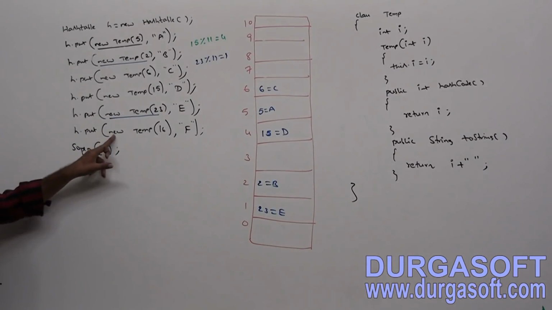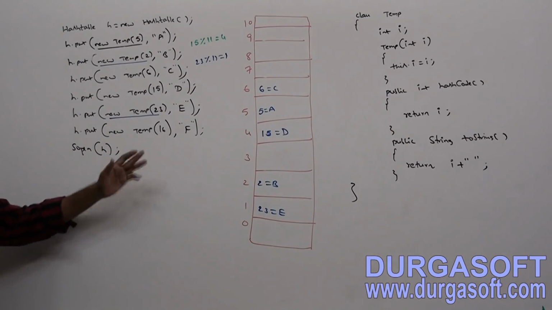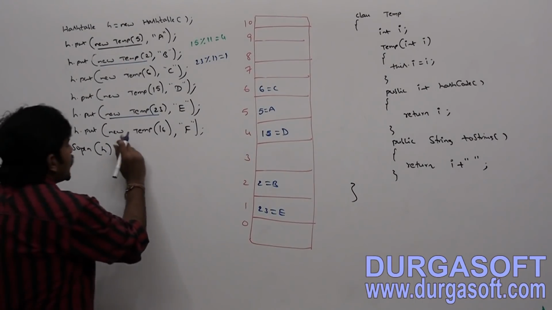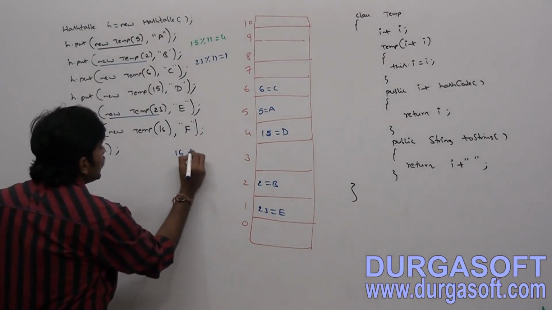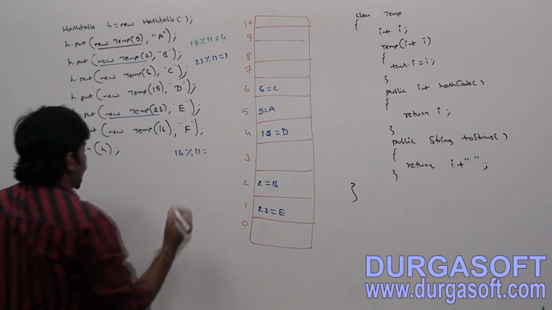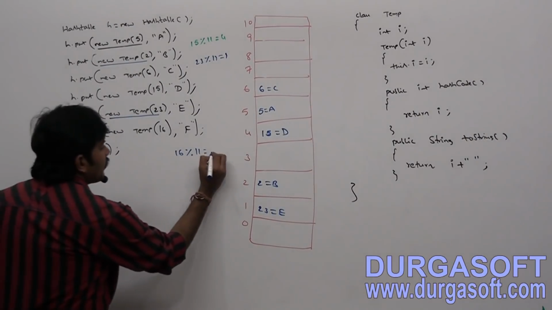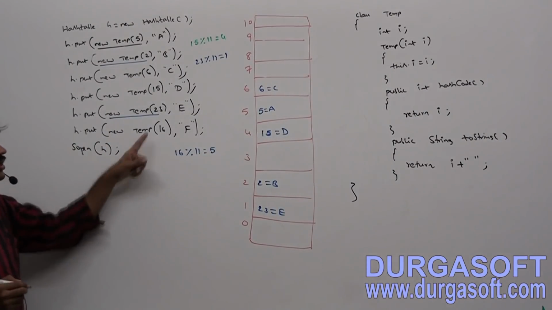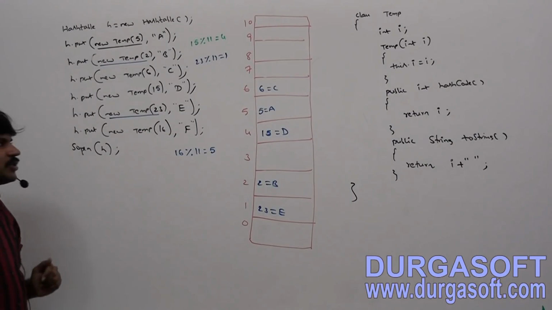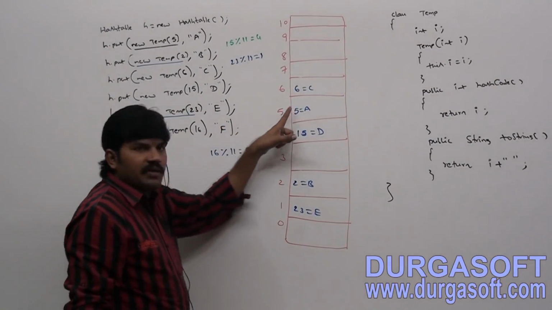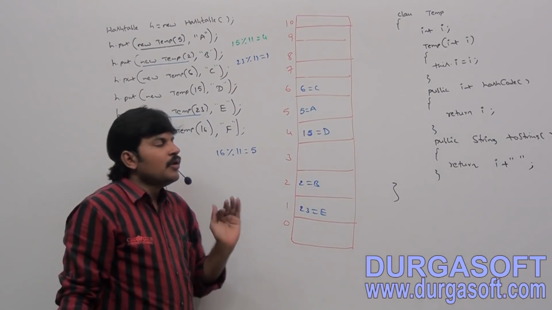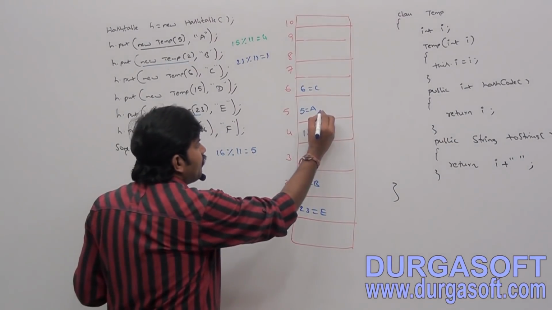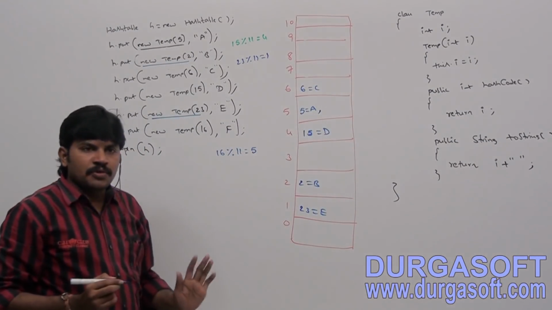Are you getting? Next, new temp of 16 comma f. 16 percentage 11. What is the value? 5. In the fifth number bucket, 16 is equal to f we have to place. But make sure in the fifth number bucket, 5 is equal to a is there. In the same bucket, multiple entries we can place.